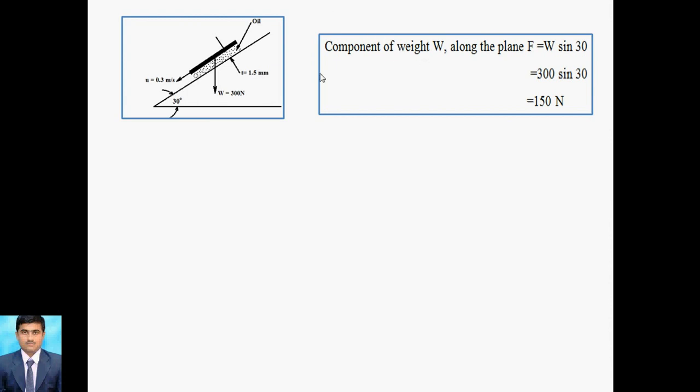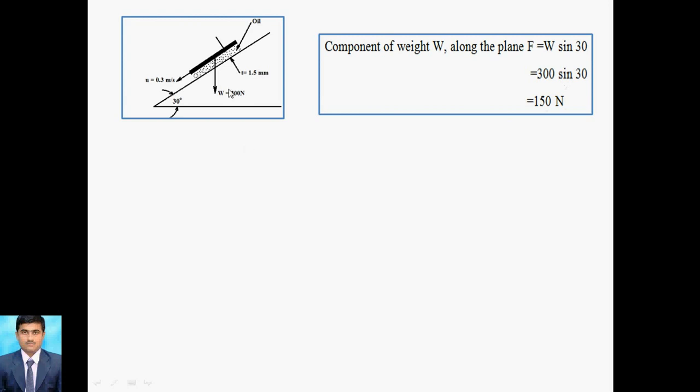The component of weight w which acts downward is parallel to the incline, so I take w sine 30. Here we have 30, and we can take this as 60, so the other angle becomes 30. So f is equal to 300 into sine 30, and sine 30 means half, so that becomes 150 Newton.